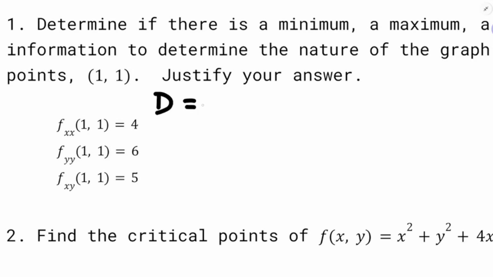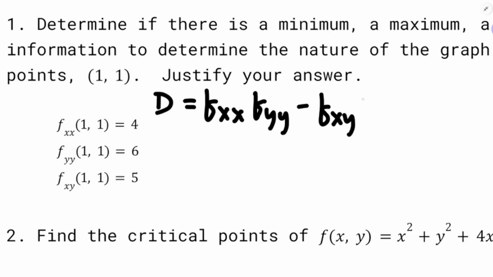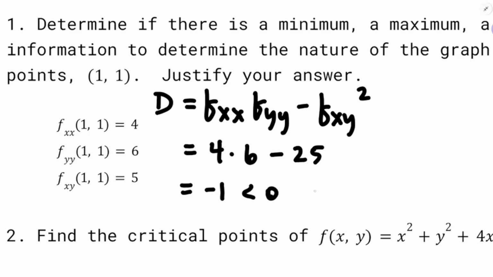But D is going to equal fxx, I'm going to write it out, fyy minus fxy squared. That's going to equal fxx is 4, fyy is 6, minus fxy squared would be 25. That's going to equal -1, and because that's a negative number, I'm going to conclude that I have a saddle point.